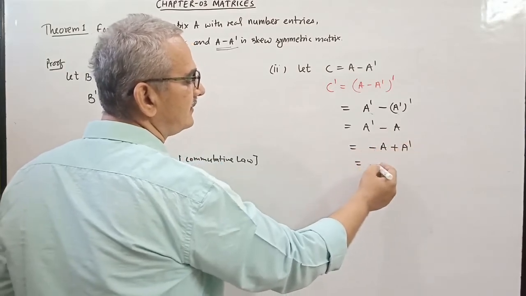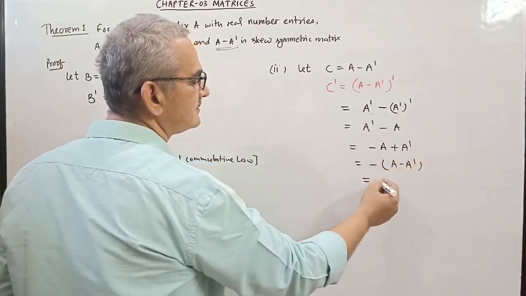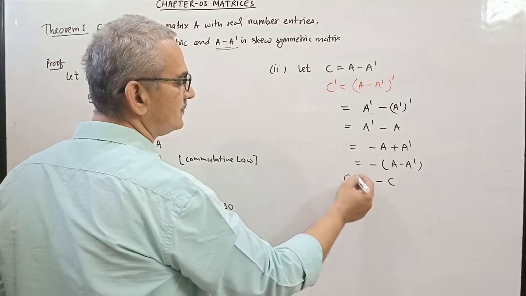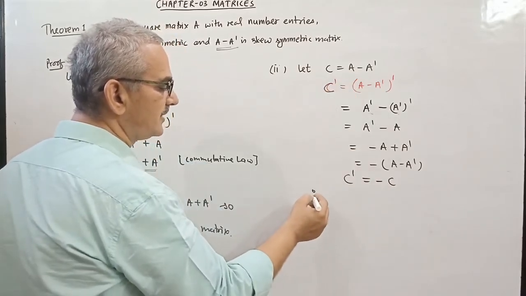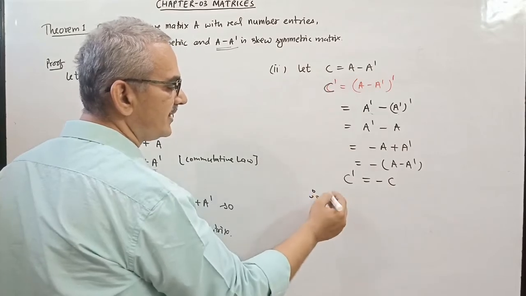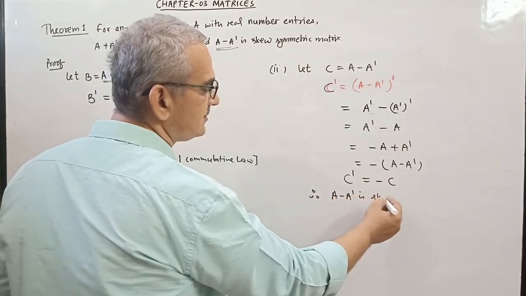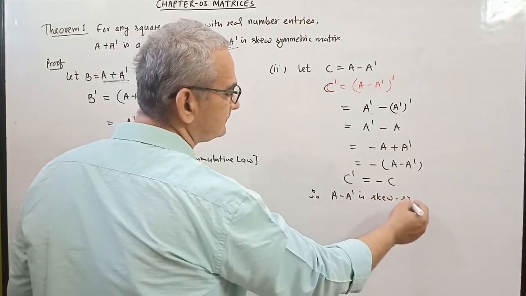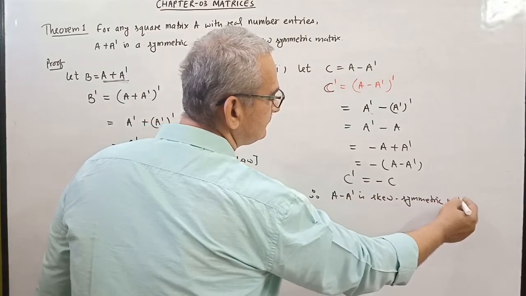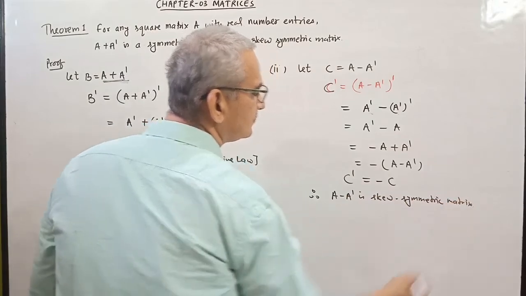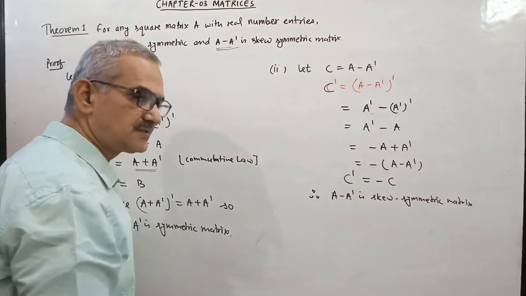Then you can take the minus sign common, so we are getting this, and this is minus C. So what we are saying is that C dash is equal to minus C. Therefore C, that is A minus A dash, is a skew symmetric matrix. Okay, so this is a skew symmetric matrix. I hope that this is clear to you.